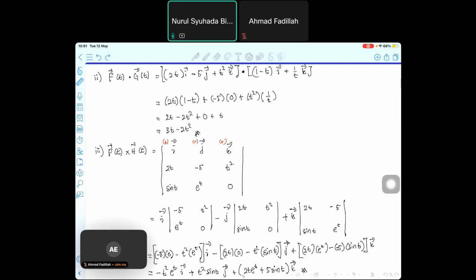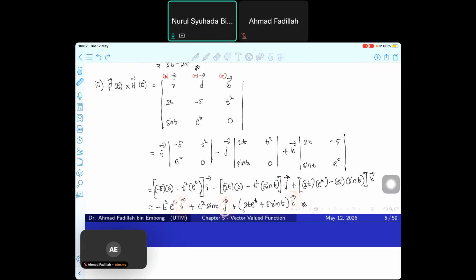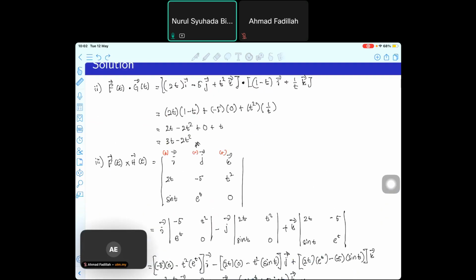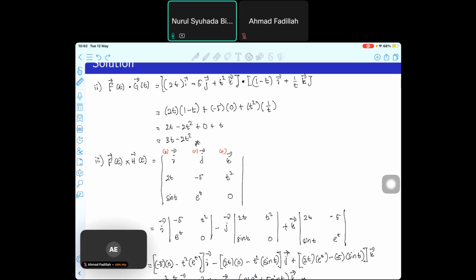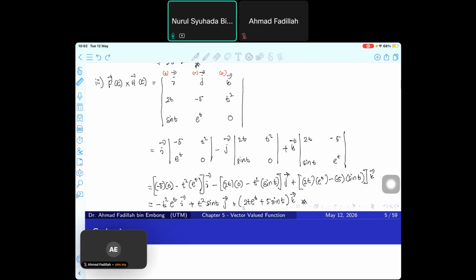But for the cross product, the final output must be in terms of a vector, which means that it has i, j, k components. So the dot product is either a scalar or a function. The cross product must be a vector.